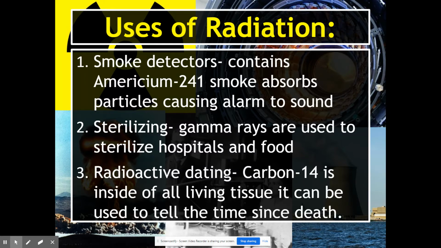Radioactive dating. We have carbon-14, which is a common radioactive element inside all living tissue. It can be used to tell the time since death. And we can say that's how we know the pharaohs lived however many years ago.